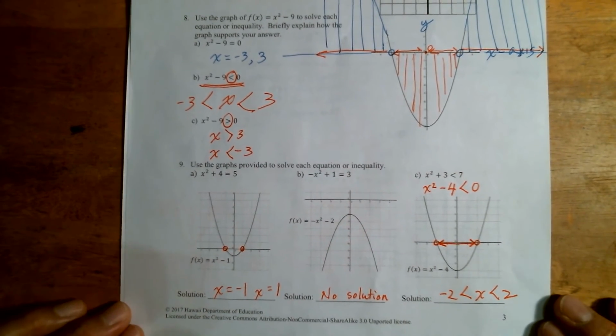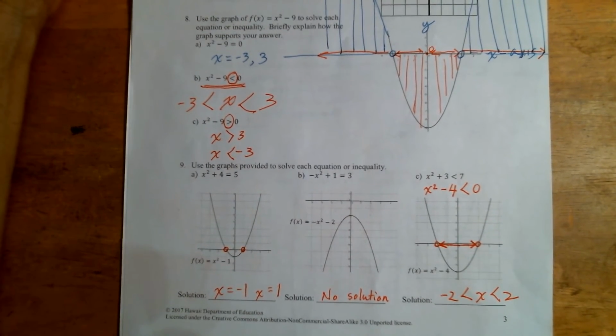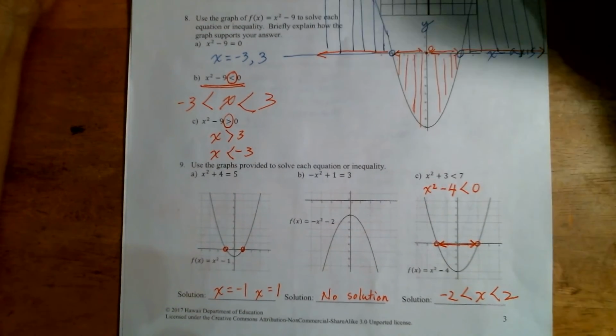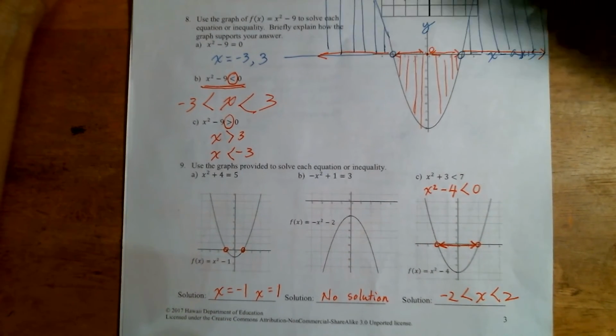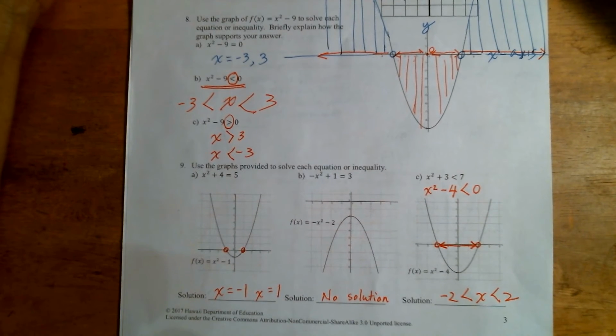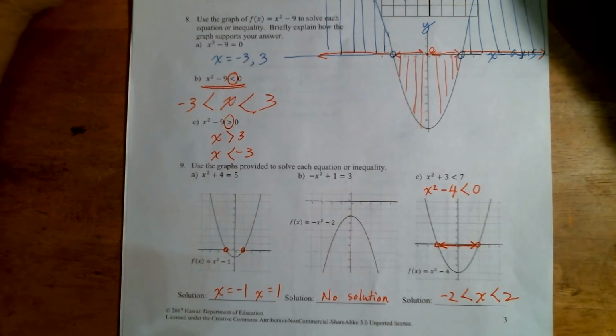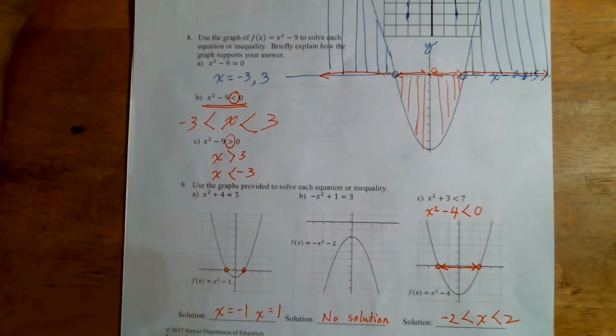This is one of the hardest areas of inequalities and graphing of parabolas that you're going to come across. So let's go step by step. It needs 100% focus and concentration, or you're going to miss it. You're going to miss it big time on the test tomorrow.